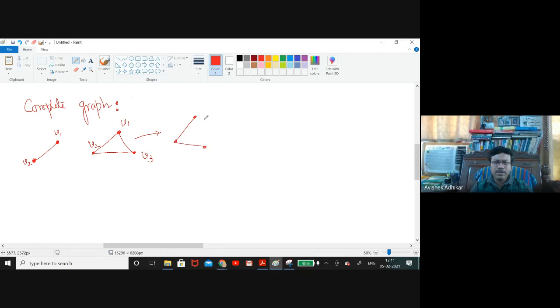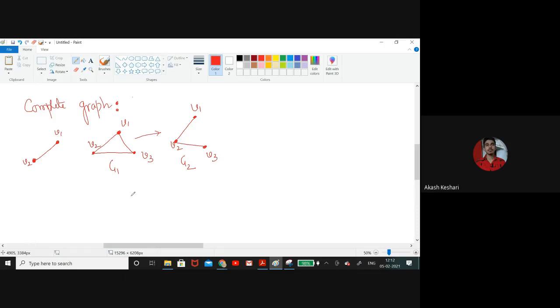Now you'll be able to understand why I call it maximally connected. V1, V2, V3. So both G1 and G2 are connected. But which one is more connected according to the definitions or according to your intuition? Which one is more connected? G1 or G2?